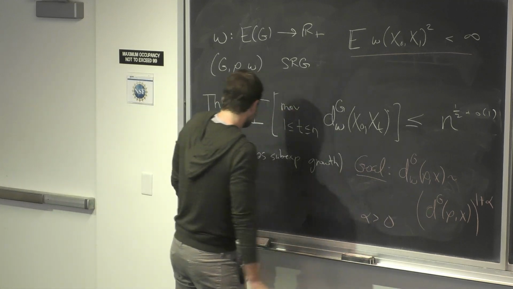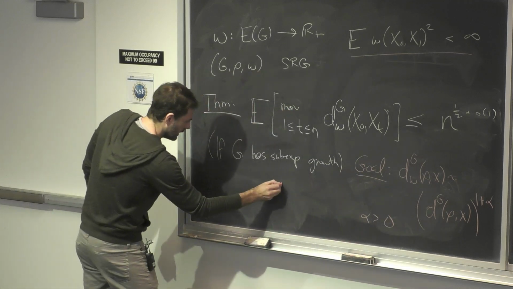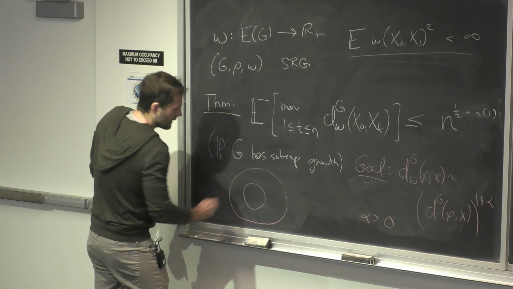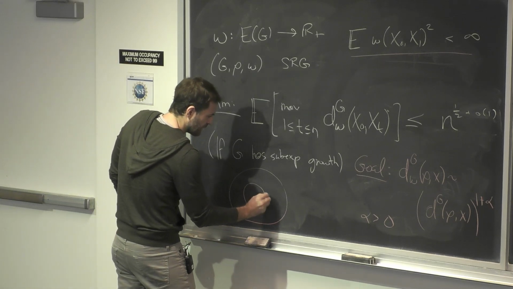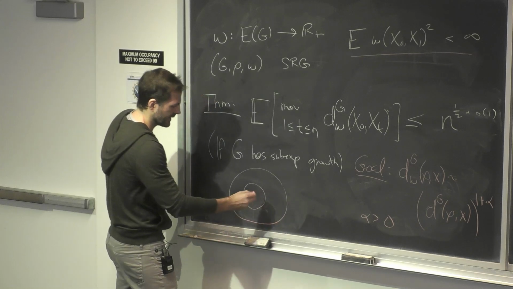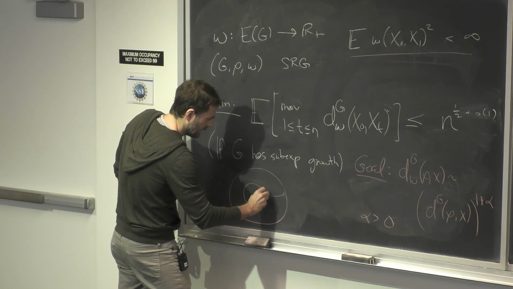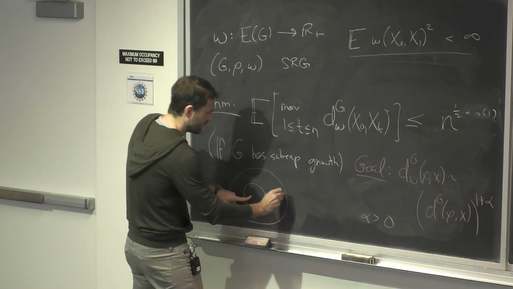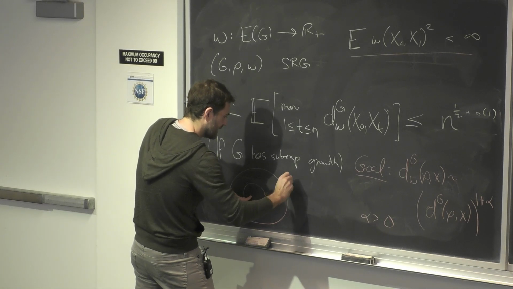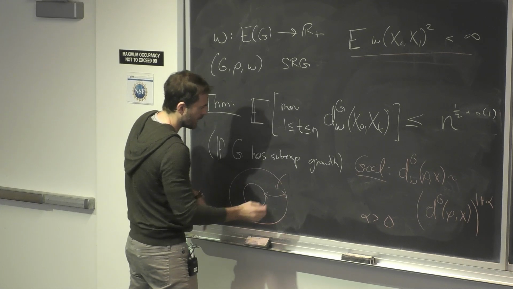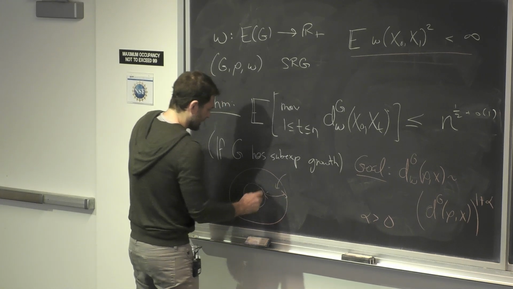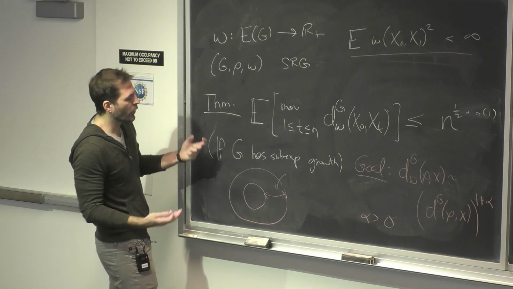And this is where the effective resistance comes in. There's a dual characterization of the effective resistance, which says that the effective resistance across these annuli, in our setting, is given by the conformal width of the annuli.